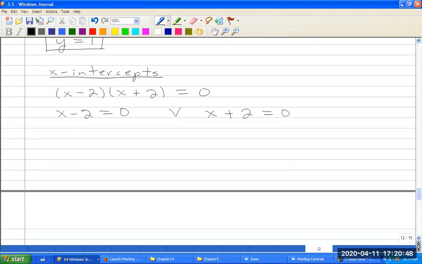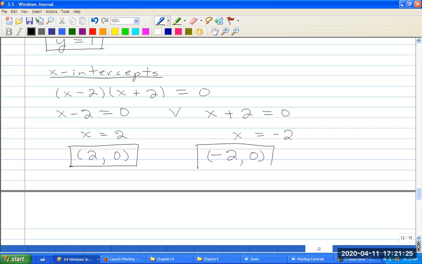So x is equal to 2, or x is equal to negative 2. Do not just say that the x-intercept is x equal to something, like the vertical asymptotes. x equaling 2 would imply that that's an equation of a vertical line, which it isn't. So the x-intercepts are at (2, 0) and at (negative 2, 0). These are points on the graph.